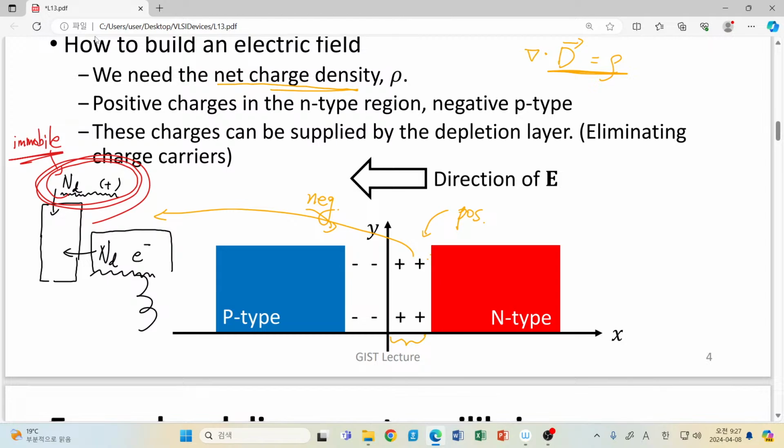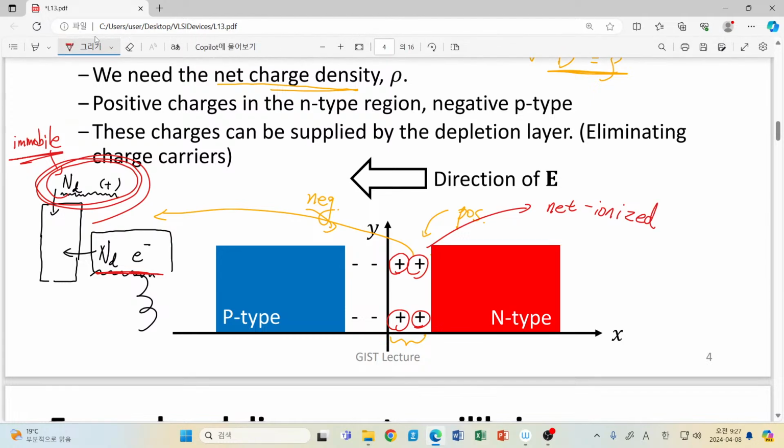So simply speaking, how can you provide positively charged particles near the junction part? The mobile charge electrons are removed from this junction part, and the physical origin of these positively charged particles is the net ionized impurities. So we can have this kind of conclusion.